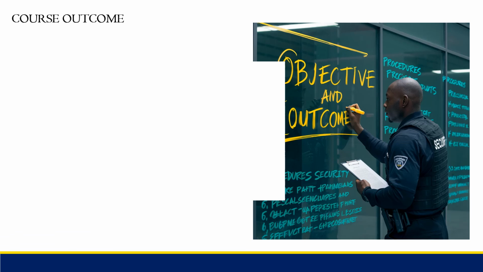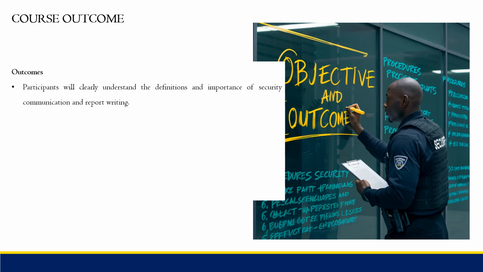The course outcome. At the end of this course, the expected outcomes of this course are: participants will clearly understand the definitions and importance of security communications and report writing. Participants will effectively identify and apply key aspects of security communications in their roles.